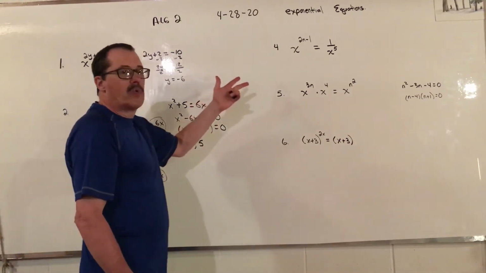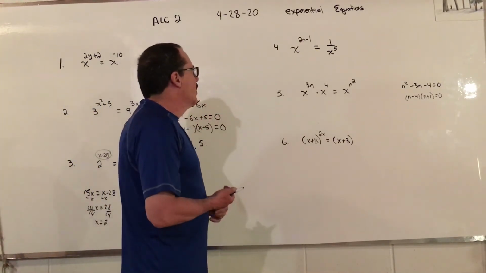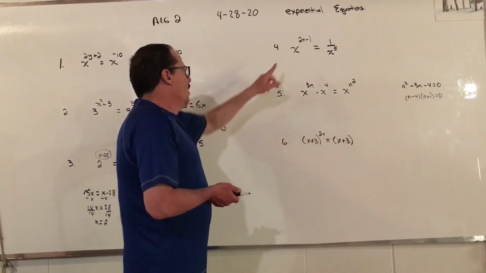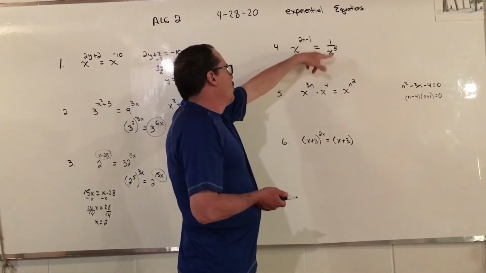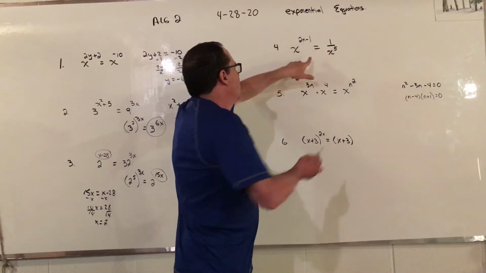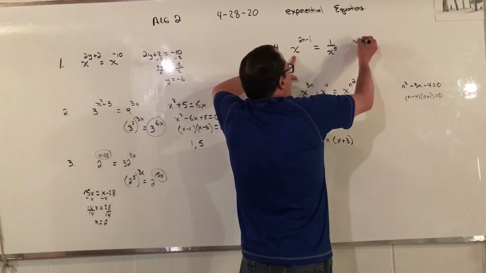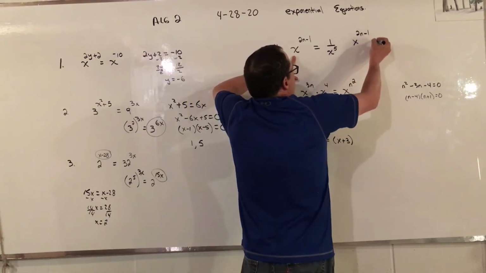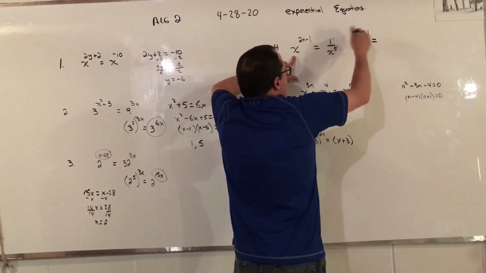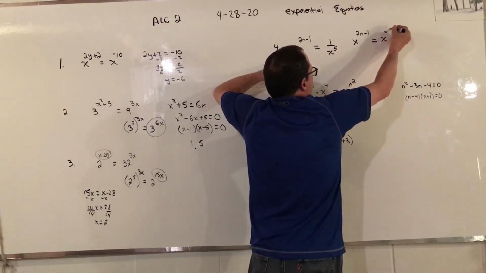Okay, let's look at number 4 here. It's a little bit different. This x is not the same thing as 1 over, so we have to flip that to the top. I'm going to rewrite this as x to the 2n minus 1 equals, if I flip this to the top, x to the negative 5th.